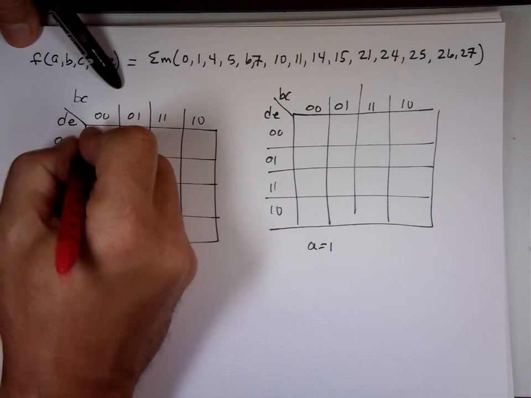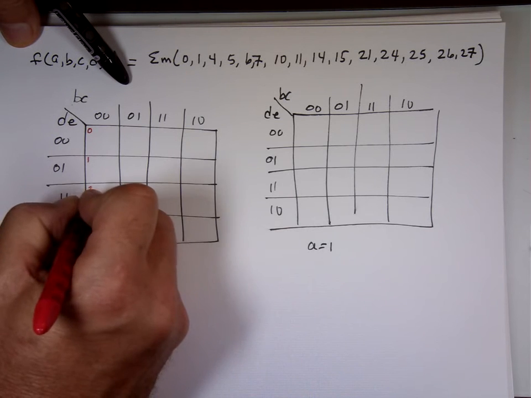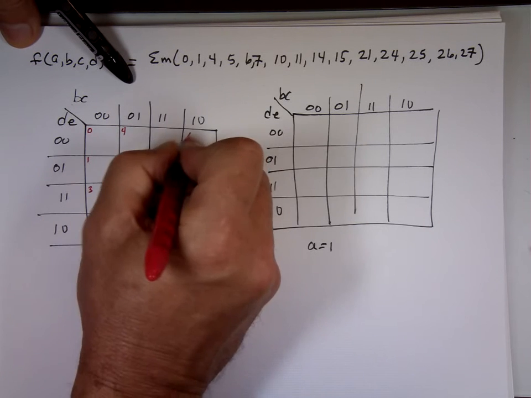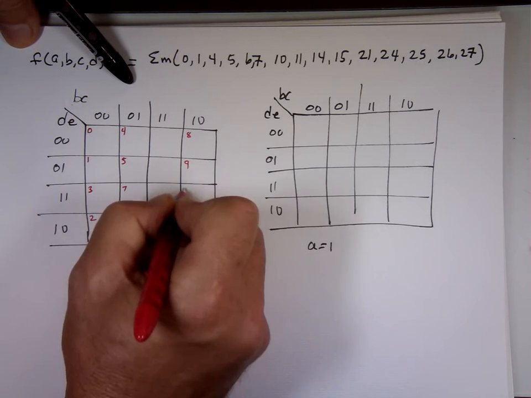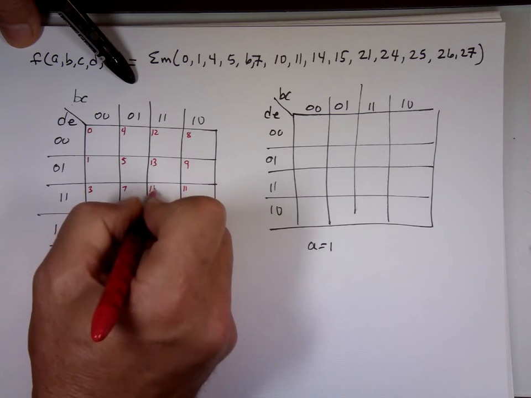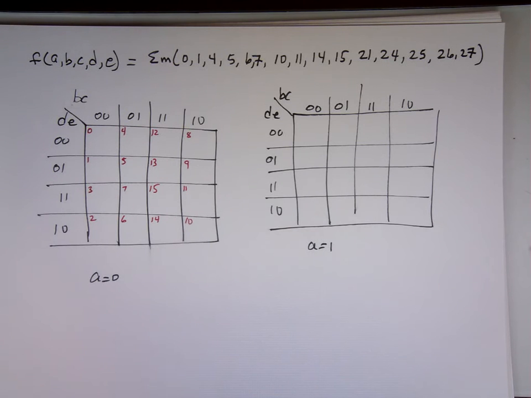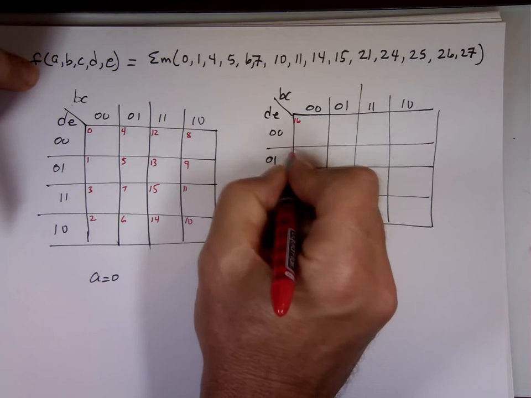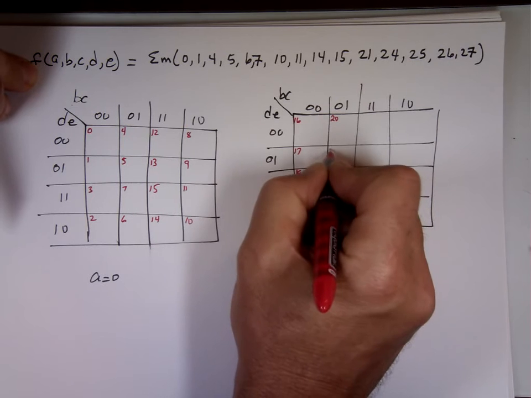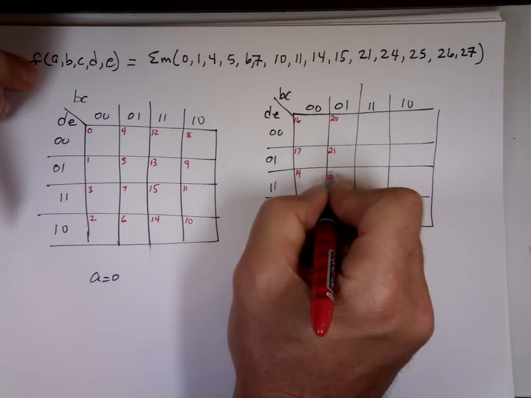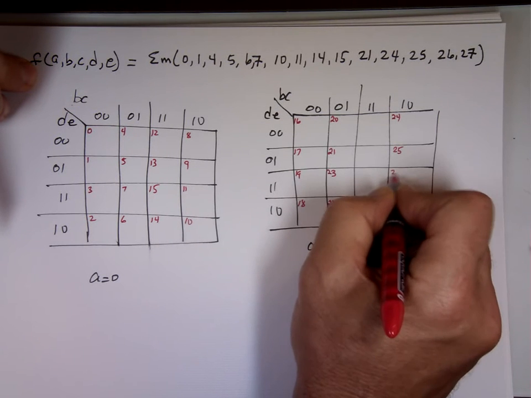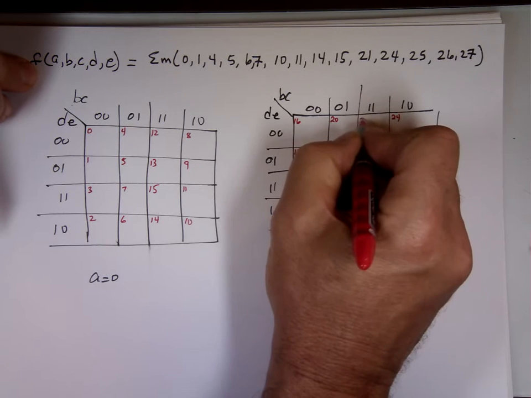It makes it easier when we're discussing which one. 0, 1, 2, 3, 4, 5, 6, 7, 8, 9, 10, 11, 12, 13, 14, 15. And the next block is 16, 17, 18, 19, 20, 21, 22, 23, 24, 25, 26, 27, 28.